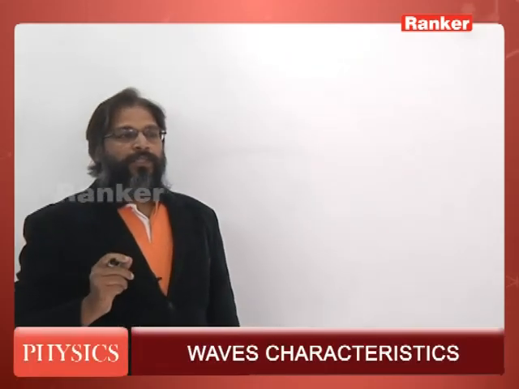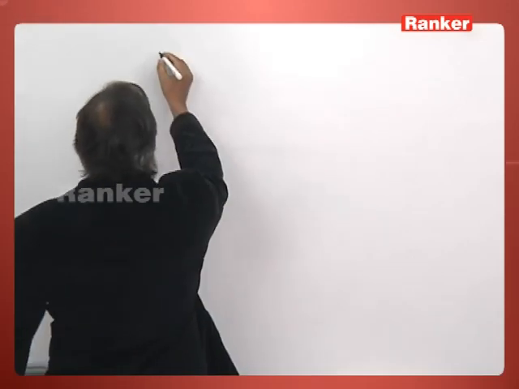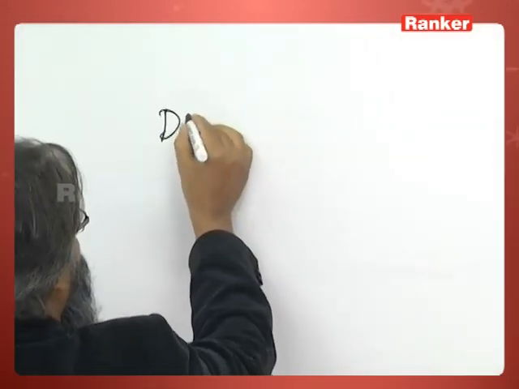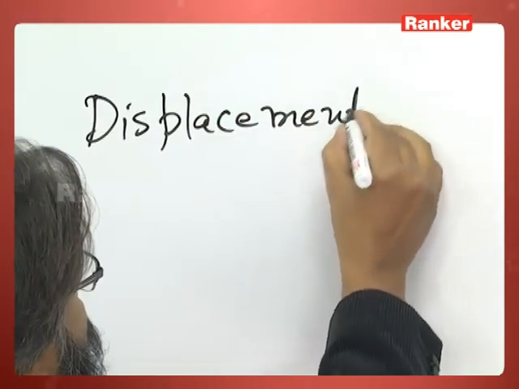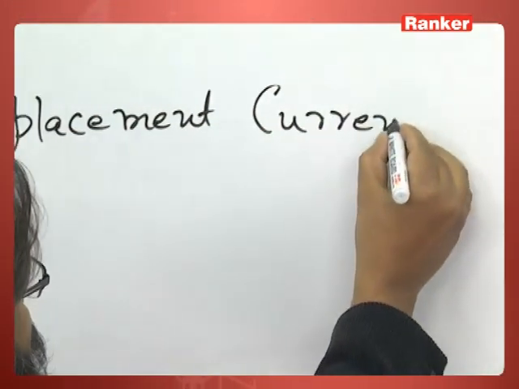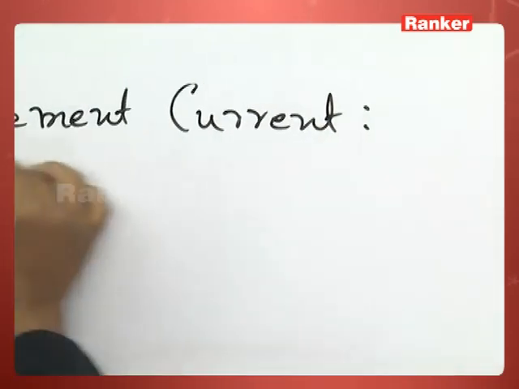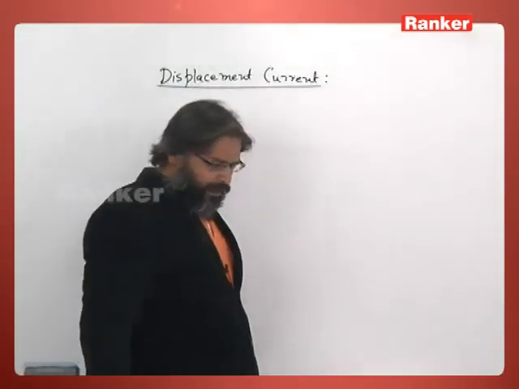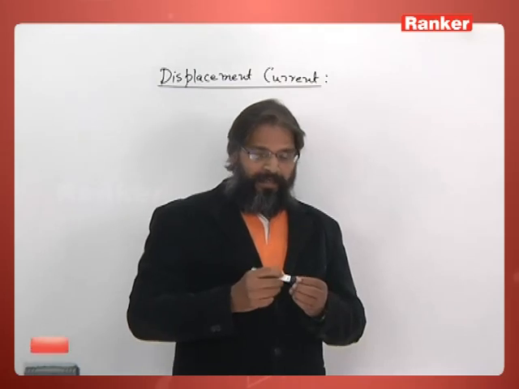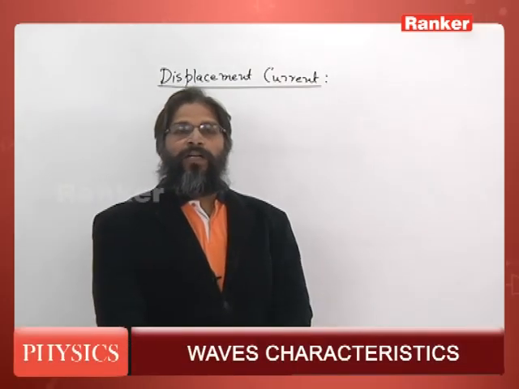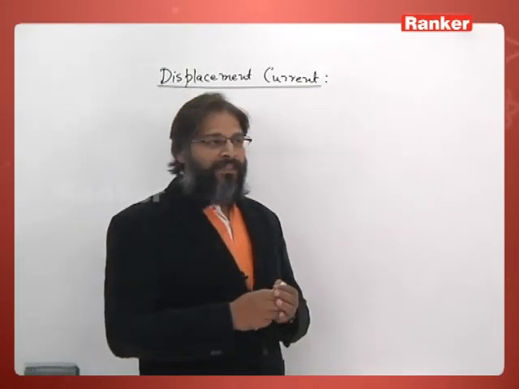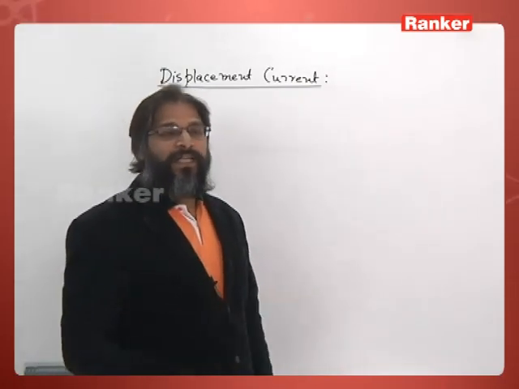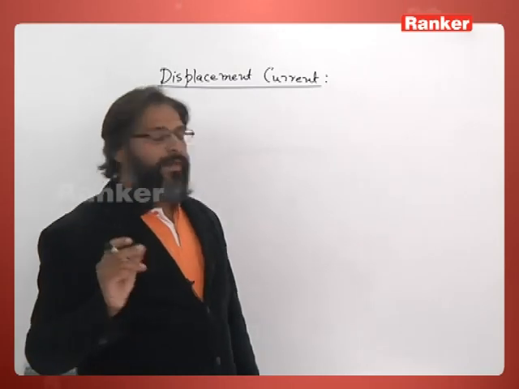Now displacement current. So first let us see displacement current. So let us see how Ampere's law can be applied to varying electric currents. We will take the example of charging and discharging of a capacitor.